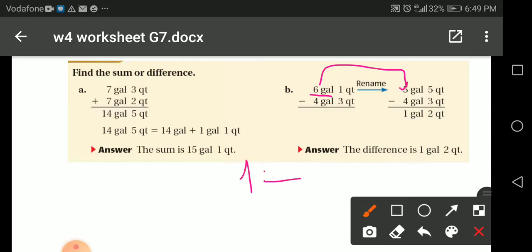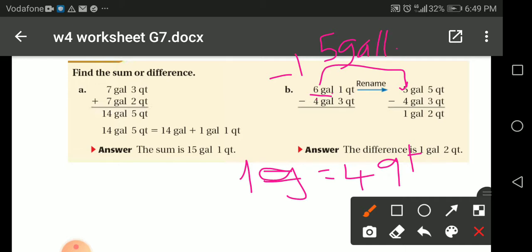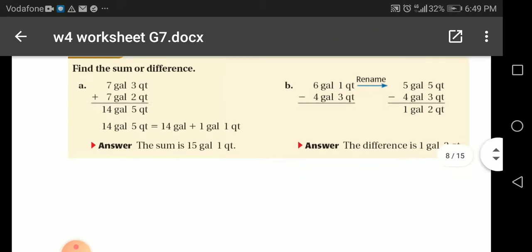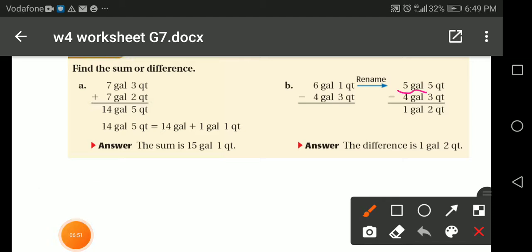We took 1 gallon, which is equal to 4 quarts. So instead of 6 gallons we took 1, and it became 5 gallons.